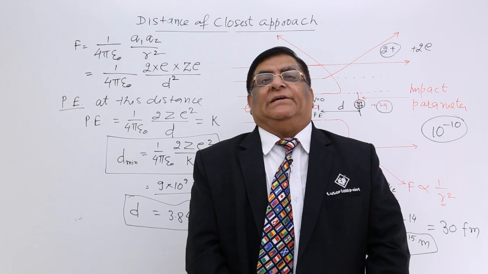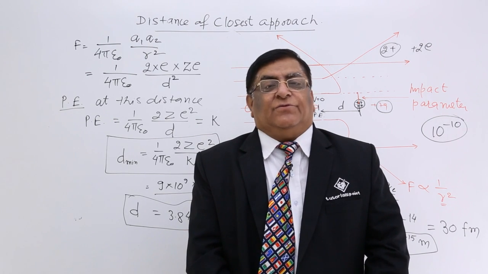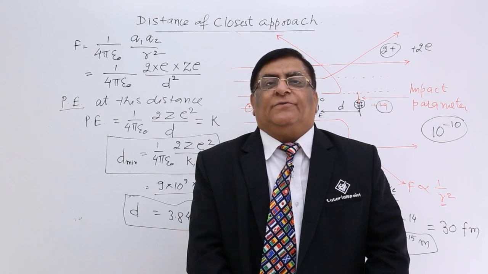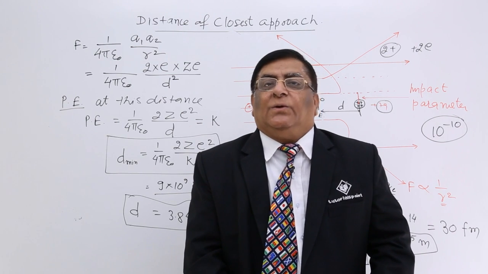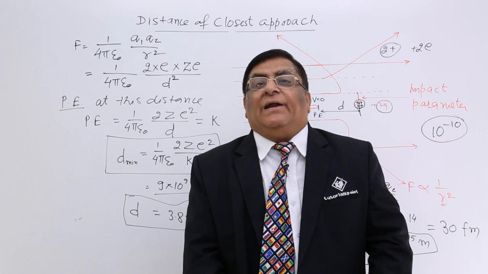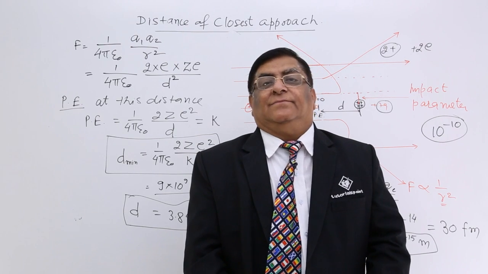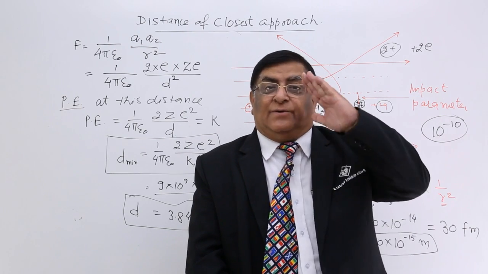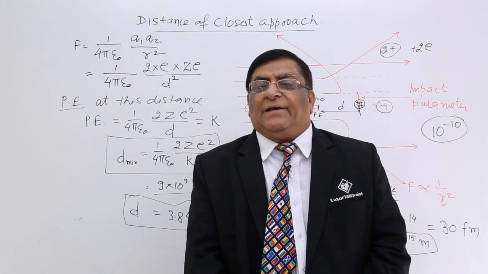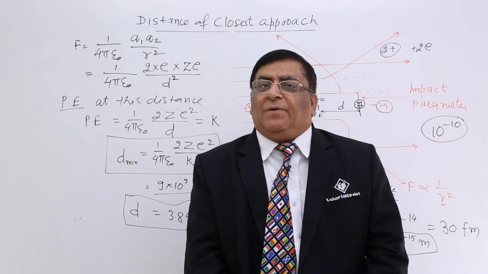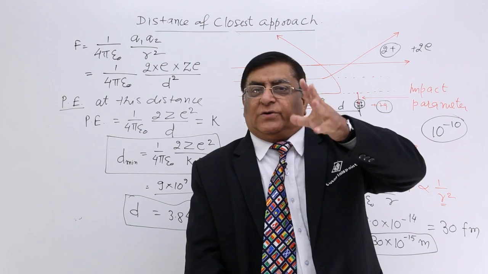Now, once we calculate that the size of the nucleus is of the order of 10 to the power minus 15, and we know that the size of the atom is 10 to the power minus 10, there is a gap of 10 to the power 4. How do we explain that? It is an empty place, and in that empty place there are electron clouds.